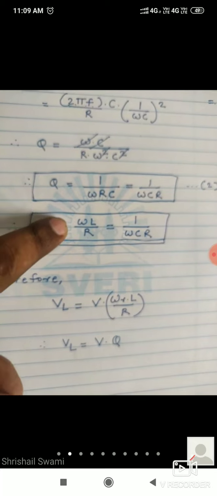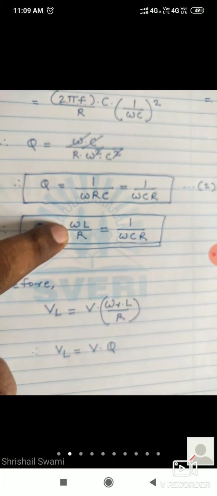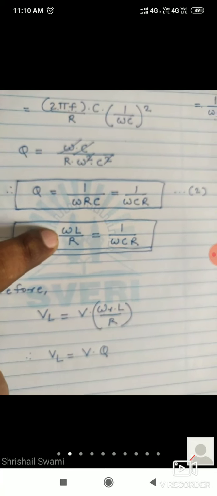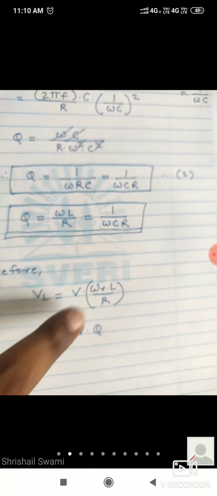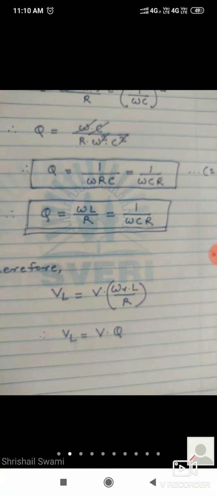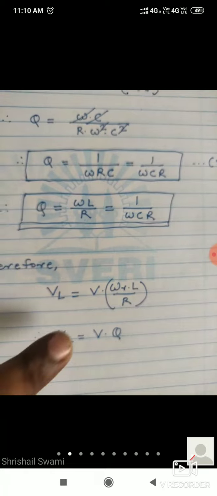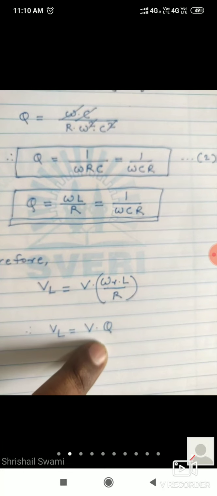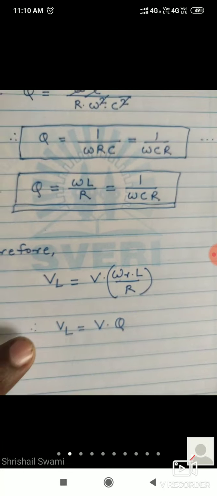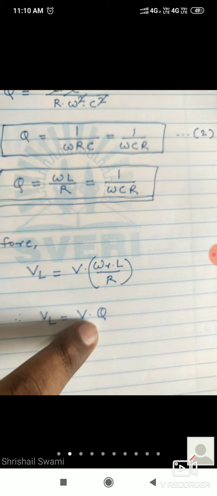This bracket is replaced by Q. Forget about this omega, it is for any frequency, the general equation. If we consider magnification at resonance, it is related to resonant frequency, so omega is replaced by omega R. So I can replace this bracket by Q. So VL is equal to V into Q.